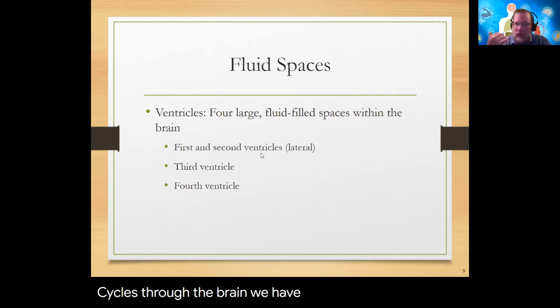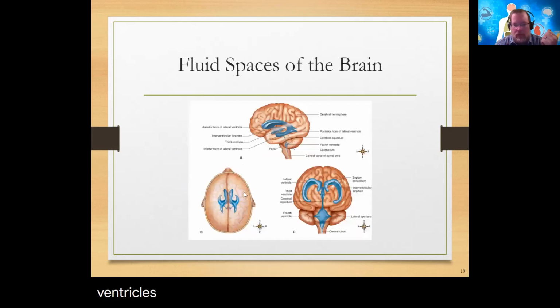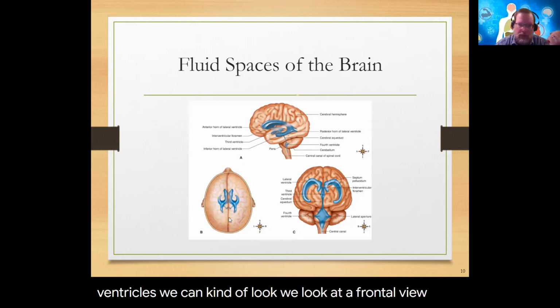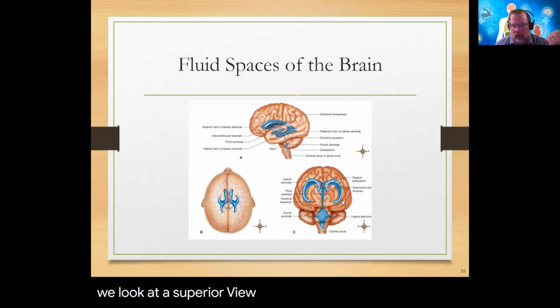We have a couple of lateral ventricles. If we look at a frontal view, or we look at a superior view, you can see these large lateral horns and lateral ventricles. Again, these are spaces within the brain.